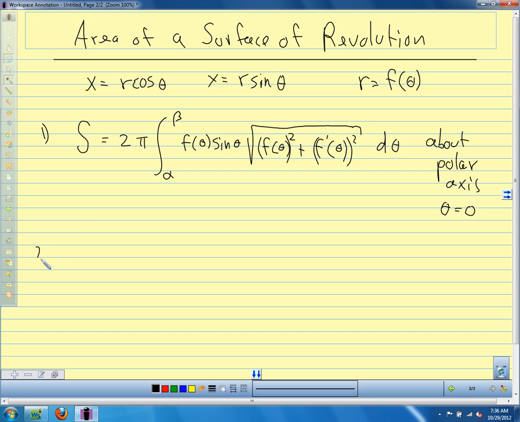And then similarly, about the axis theta equals pi over 2, we have 2 pi times the integral from alpha to beta of f of theta cosine theta times our arc length expression.